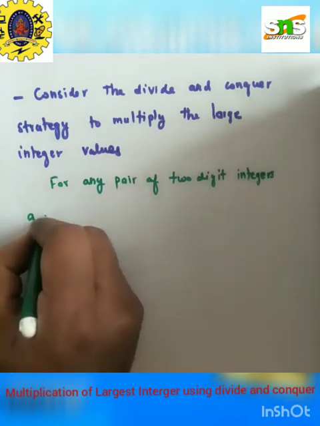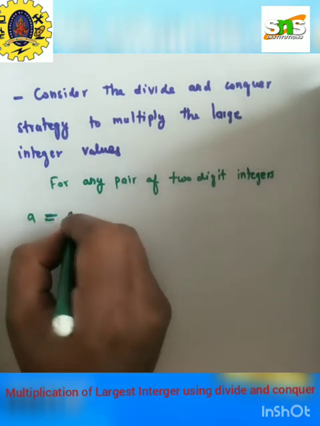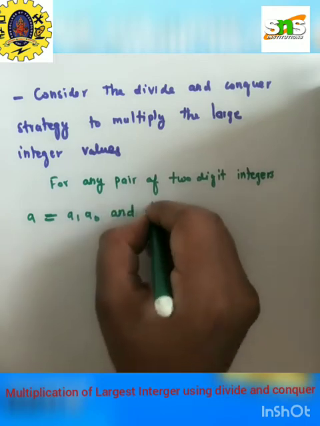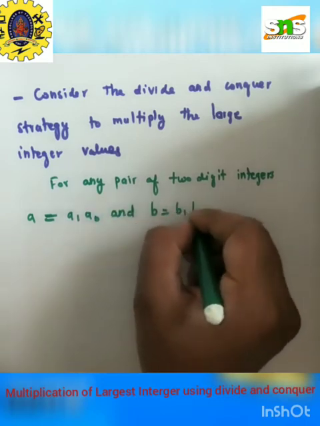A will be written as A1 A0, and the second integer B will be written as B1 and B0.